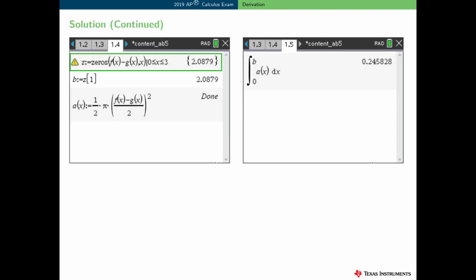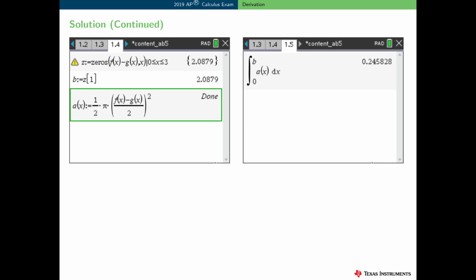On a calculator page, I used the zeros function to find the x-coordinate of the point of intersection. And then I stored this value in the variable b. Next, I defined the function A(x), the area of a cross-section, here, the area of a semicircle.